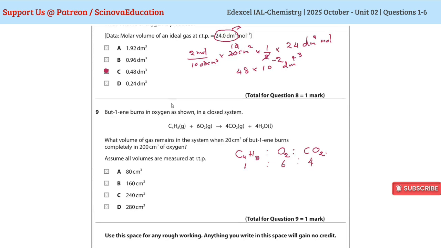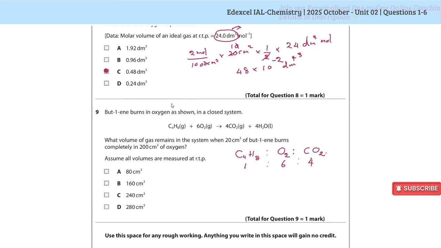At RTP, the volumes correspond to the moles. Therefore, volumes correspond to the amounts. Therefore, we can take the volume ratio as the same as the mole ratio or the stoichiometric ratio.